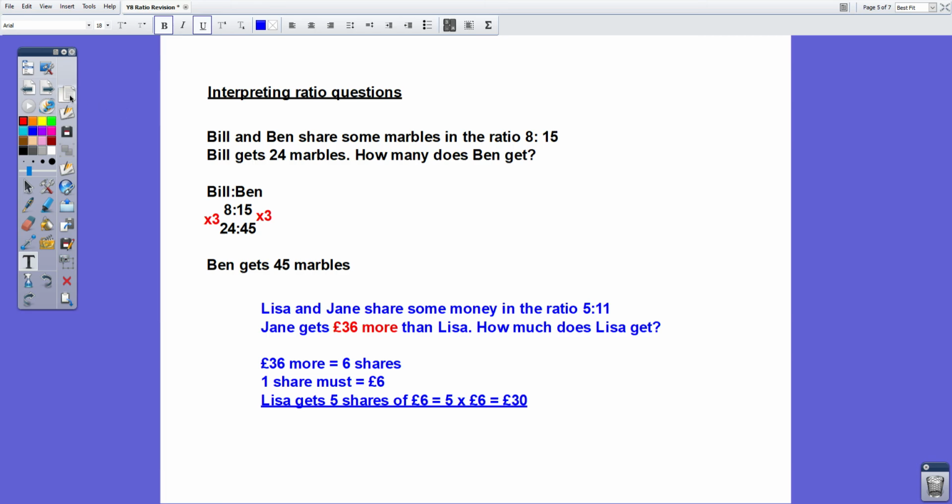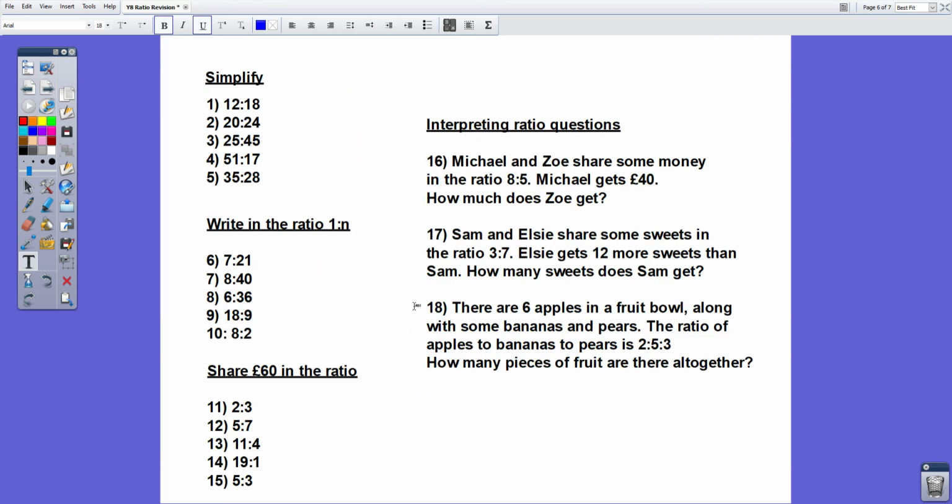Right, so now here is a worksheet. 5 questions on simplifying, 5 on writing in the ratio 1 to n, 5 in sharing £60 in the ratios given, and 3 questions on interpreting ratio questions. Now at this point, what I want you to do, I want you to pause the video and do the worksheet.